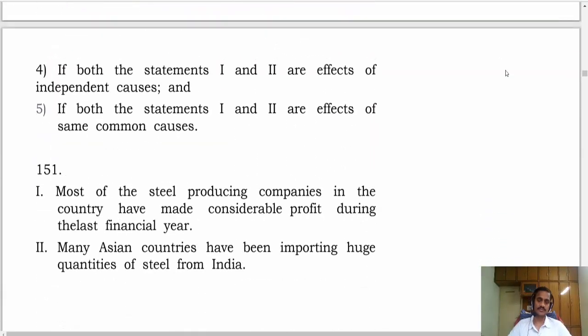Most of the steel manufacturing companies in the country have made considerable profit. Okay, underline this word considerable. That means huge, remarkable profit, profitable during the last financial year. Most of the steel producing companies in the country have made considerable profit during the last financial year.